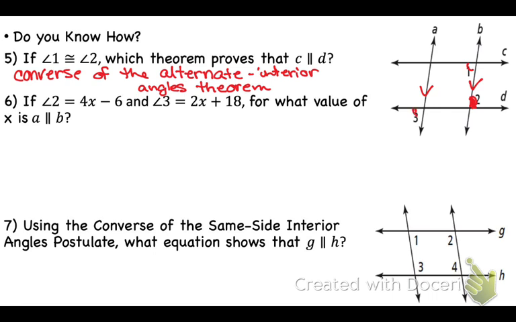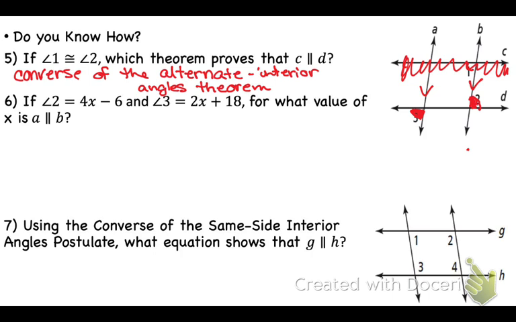What's the relationship between 2 and 3? Alternate exterior? Yeah, alternate exterior, because if I cut off this part of the picture, these would be exterior of the parallel lines, yes?